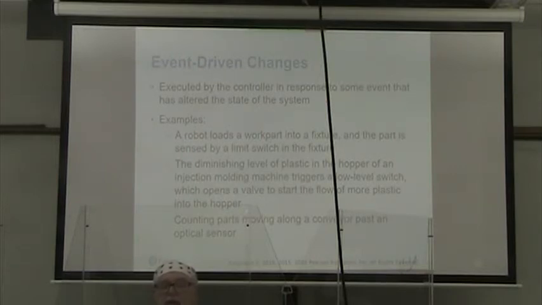Another example, a diminishing level of plastic in the hopper of an injection molding machine triggers a low-level switch, and that opens a valve to start the flow of more plastic into the hopper. Another way might be that we have a way of counting parts that move along a conveyor past an optical sensor.